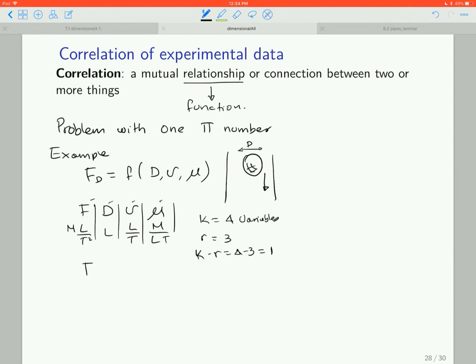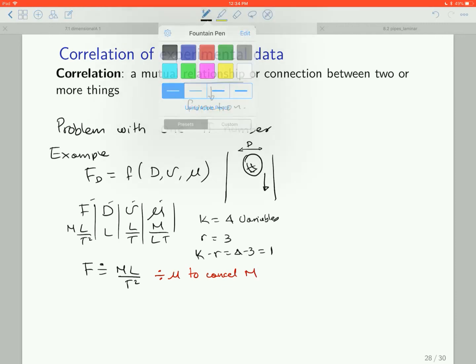Okay, so let's start with F. The dimensions of F are going to be M L over time squared, and I'm going to do it by inspection. So to cancel mass, I'm going to divide by mu.